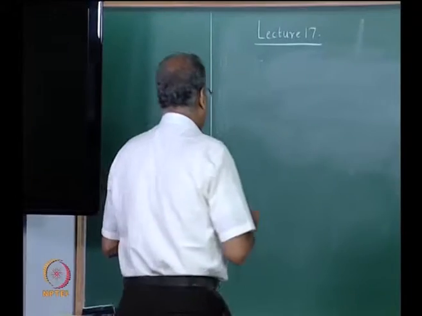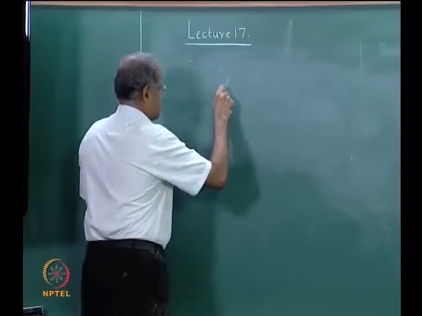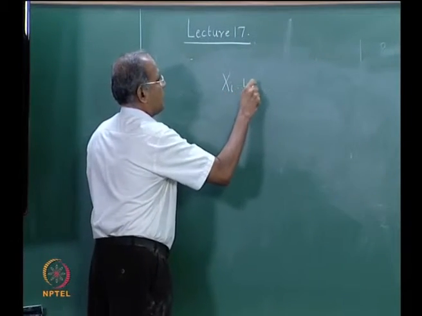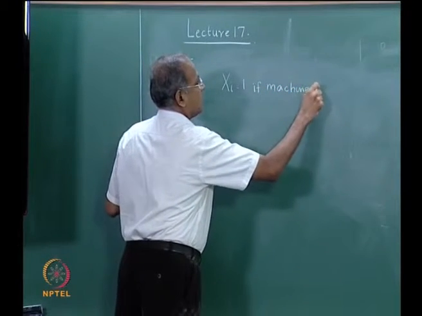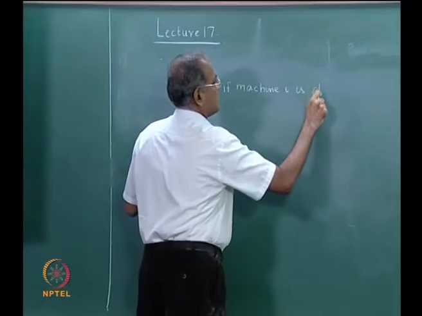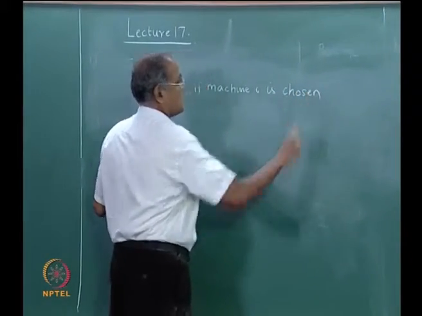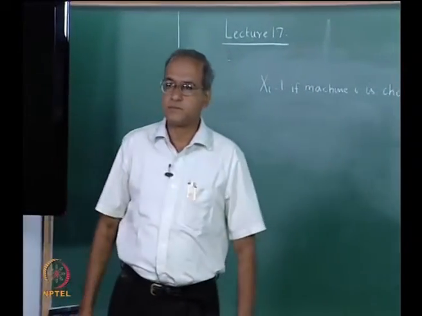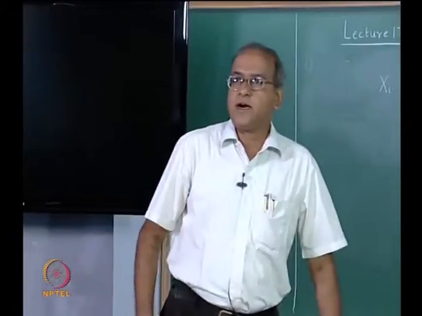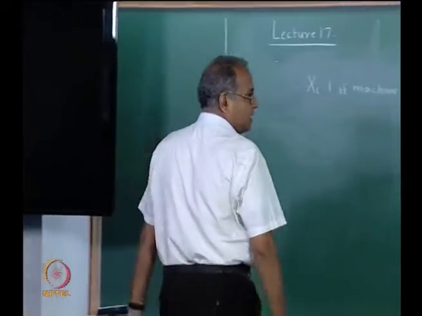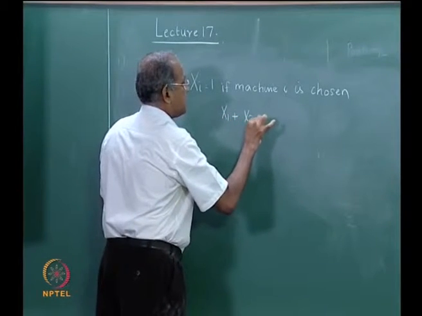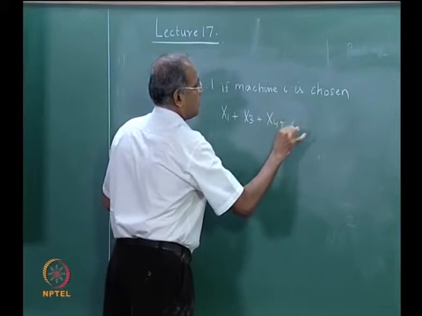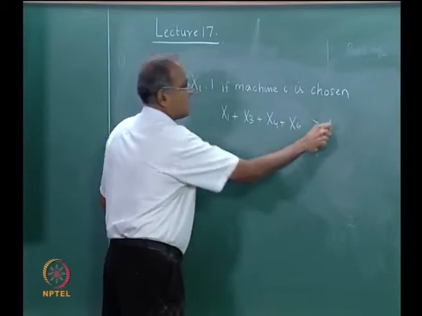So we have a simple formulation where xi equal to 1 if machine i is chosen. So in order to make the first product, I should have x1 plus x3 plus x4 plus x6 greater than or equal to 1.